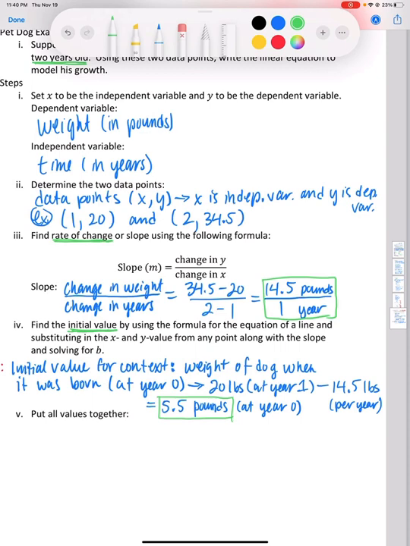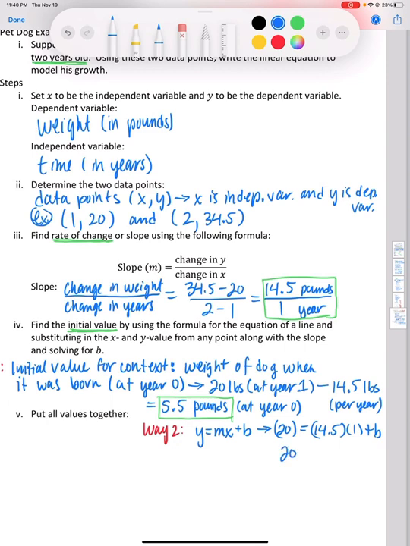Okay, so the second way to calculate the initial value is using y equals mx plus b, like is suggested in the problem description. So we put in y, picking a year, with 20 pounds at 1 year will work. So we got 20 equals 14.5, that's the rate of change, times 1 year, plus the initial value, which is b, and I don't know the initial value, so that's why I'm solving for it.